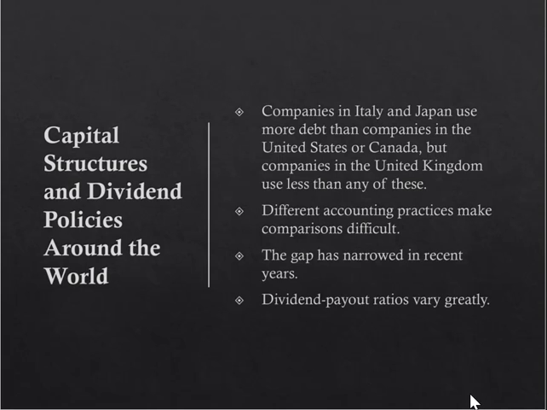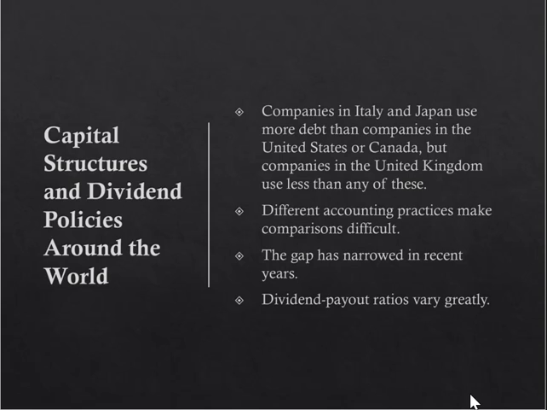Again, when we look internationally, depending on both culture and tax structure, you will see, for instance, companies in Italy and Japan have a lot of debt. The U.S. and Canada tend to be very similar, and the U.K. uses less debt than pretty much anybody in the world.